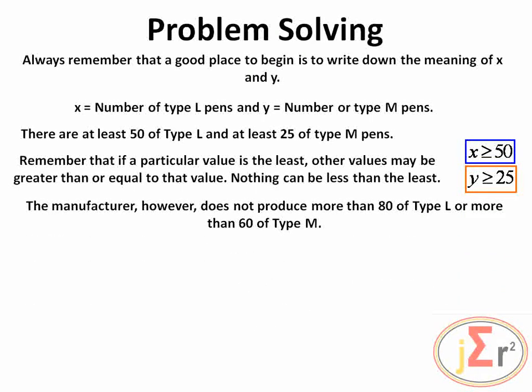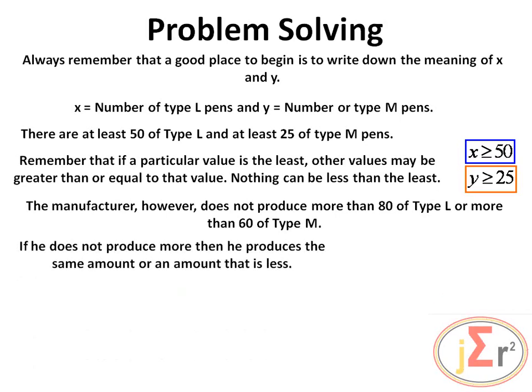The manufacturer, however, does not produce more than 80 of type L or more than 60 of type M pen. Does not produce more means he may produce that amount or less. So does not produce more means less than or equal to.